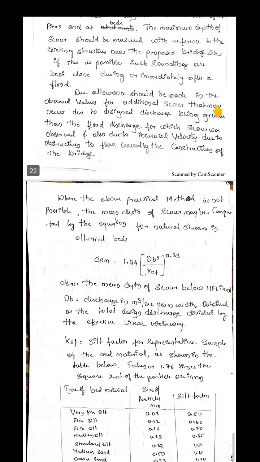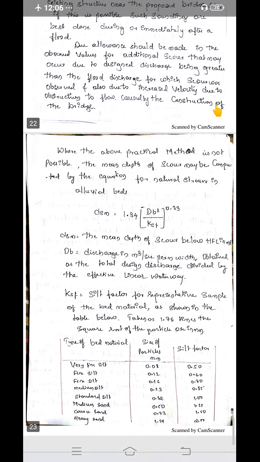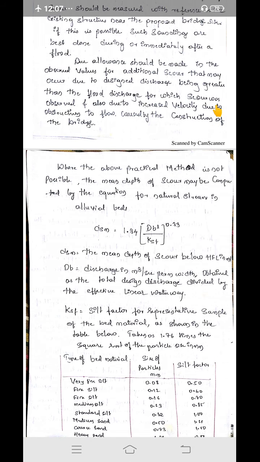Where the above practical method is not possible, the mean depth of scour may be computed by the equation for natural streams in alluvial beds.